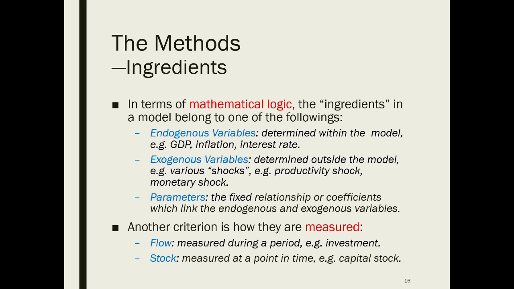You can imagine a bathtub to distinguish these two types of variables. The flow is the water getting into the tub over a given period of time, while the stock is the height of the water at a particular point in time. They are measured differently, but they are actually the same thing.